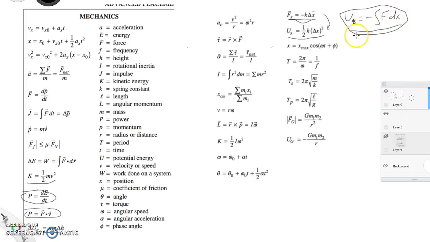This is true of energy, okay? That's how you get the spring formula from this spring force formula. And this is basically a restatement of this equation right here, because work is equal to a negative change in potential energy.